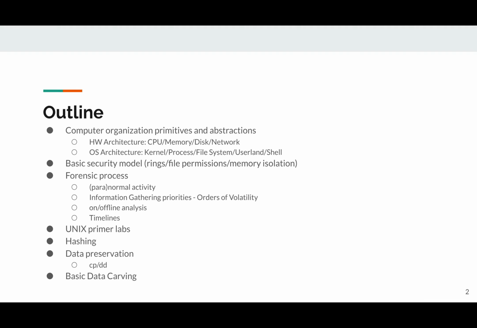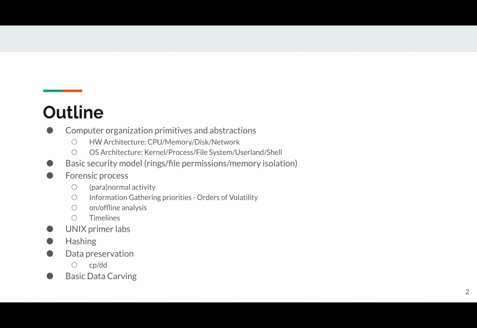And then we're going to talk about the forensic process. That means observing the activity and making sense of what is normal or abnormal activity. We're going to talk about how to gather information and what the orders of volatility are, which is a metric that we can use to see what should be our priority on what to gather first.